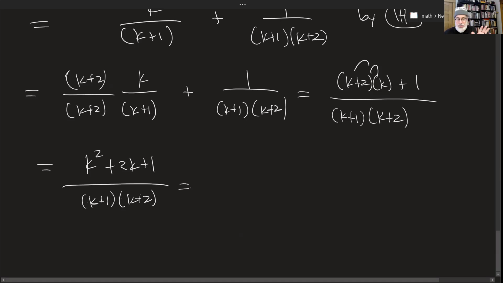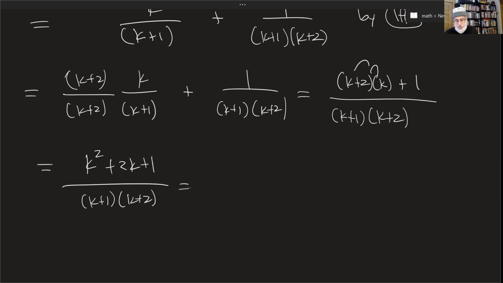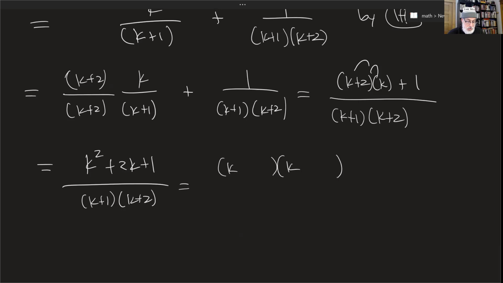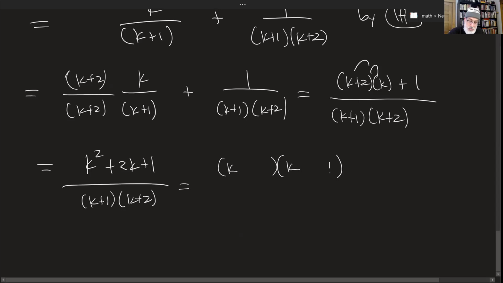I know we distributed, that's to multiply and combine the terms, and now we're going to factor. A quadratic will factor, hopefully, into two binomials. So here we have two numbers that multiply to give me 1 and when I add them give me 2. The only real possibility here is 1. And so we get k plus 1 times k plus 1.